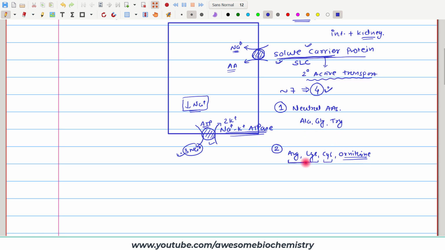As you can see, the majority of the amino acids transported by the second type of solute carrier protein are basic amino acids. So, we call it a solute carrier protein specific for basic amino acids. It is given a second name by taking the first alphabet of all these 4 amino acids: C, O, A and L. So, it is also called the COAL transporter.